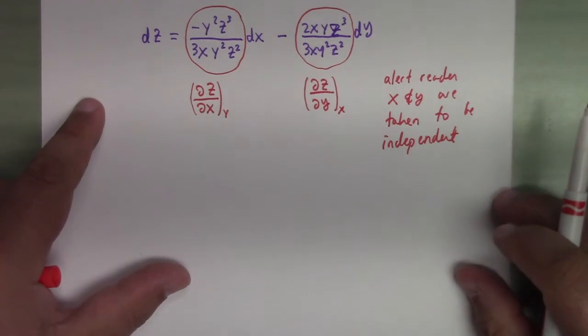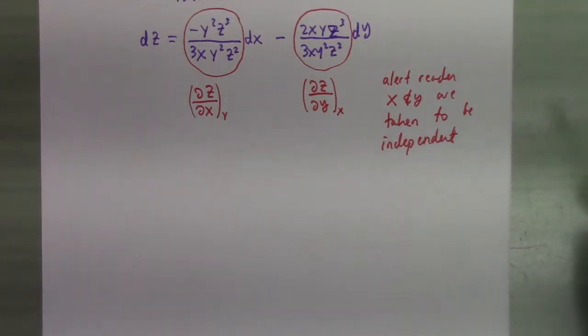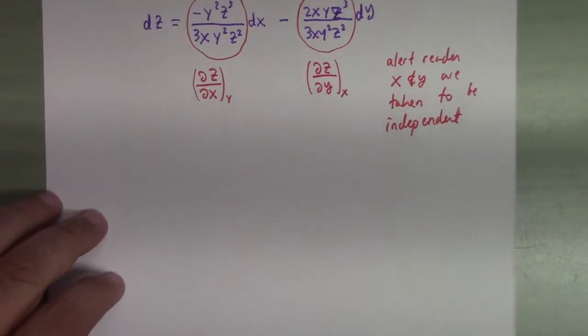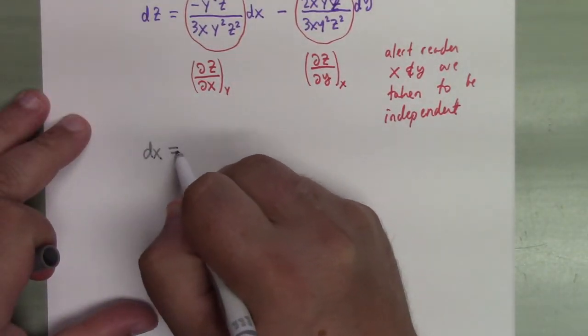And you see, well, you're like, well, you solved for dz, but couldn't you just as well have solved for dx? Well, yeah, I could have. And if I did solve for dx, what would that have given me?